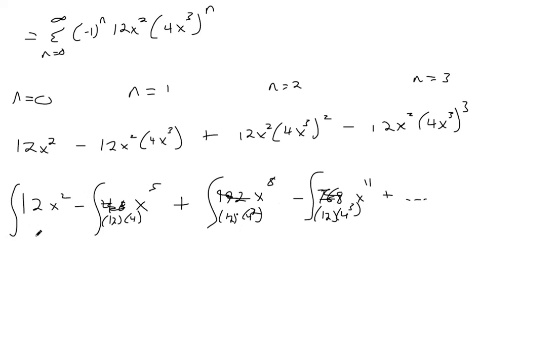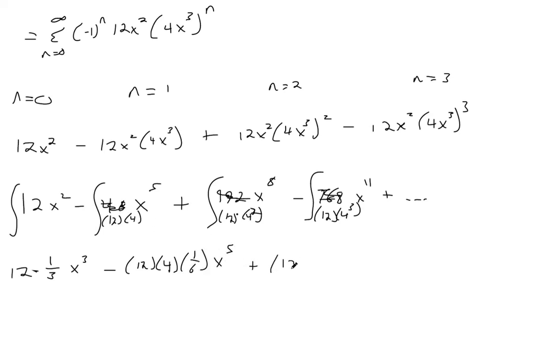Okay, so when we evaluate each antiderivative, we've got 12, and then this is, I'm going to keep this, I know it simplifies, we'll keep this as 12 times 1/3 x to the third. And then this will be 12 times 4 times that 1/6 that needs to happen when we take an antiderivative of this term.